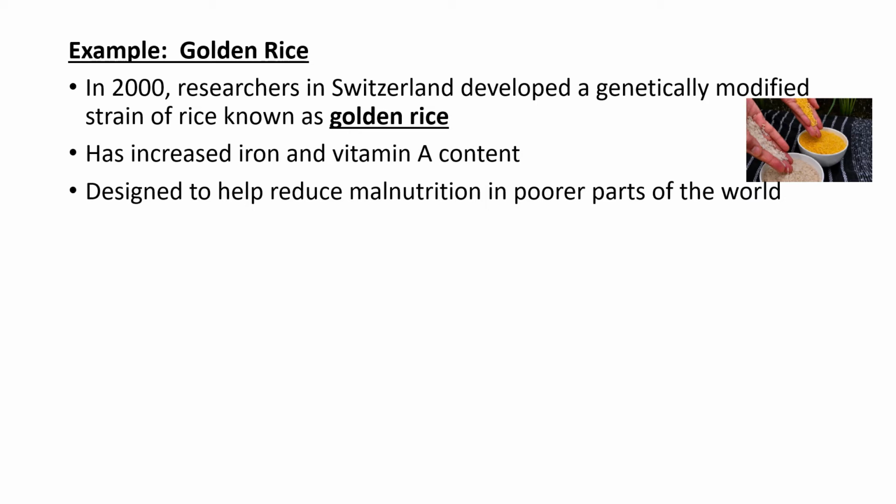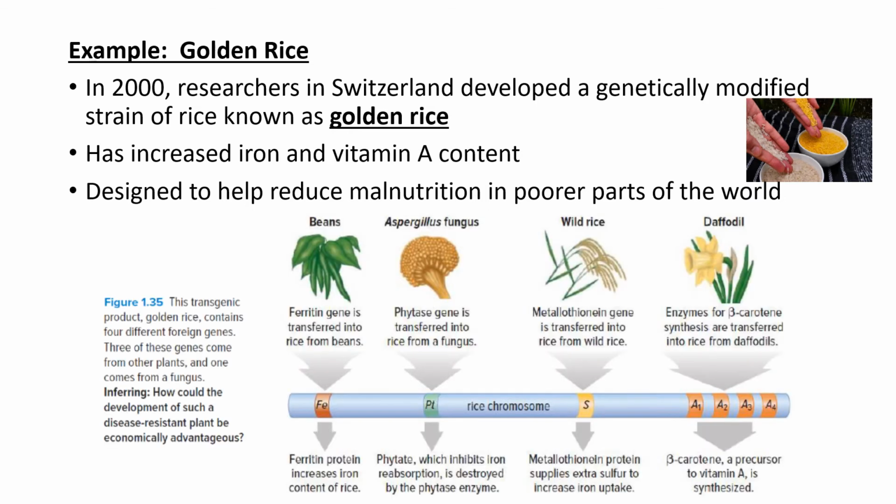So the thought is rice is easy to grow. If you can get more nutrients from rice, then you can have people being fed sort of easier. So golden rice actually has 4 different foreign genes. So it's got its own chromosome, and then it's got ferritin to increase the iron content of it, and then it has an enzyme that makes it easier to absorb the iron, and then it has a protein that makes it easier to increase your iron uptake.